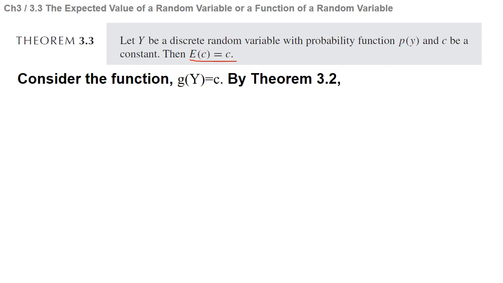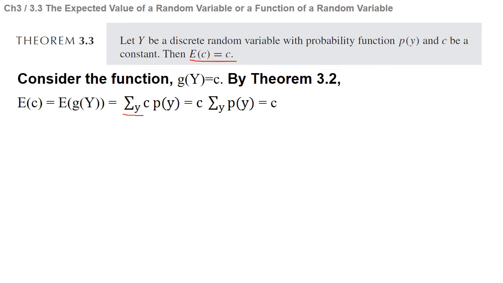Then by theorem 3.2, E(c) is E(g(Y)), and from the definition, the sum over y of c times p(y) equals c times the sum over y of p(y), and from theorem 3.1, I think, this one is equal to 1. The sum of all probability measure equals 1, so it's c. So that's why this theorem 3.3 holds.